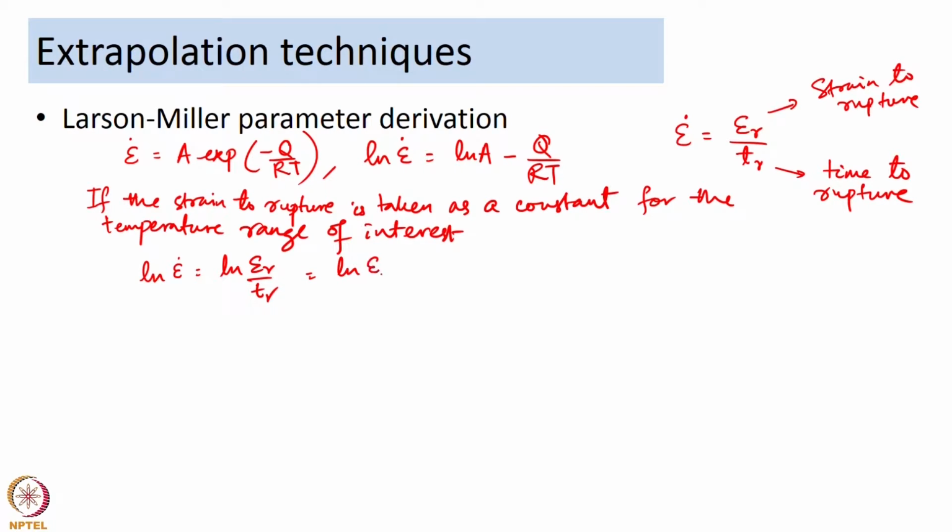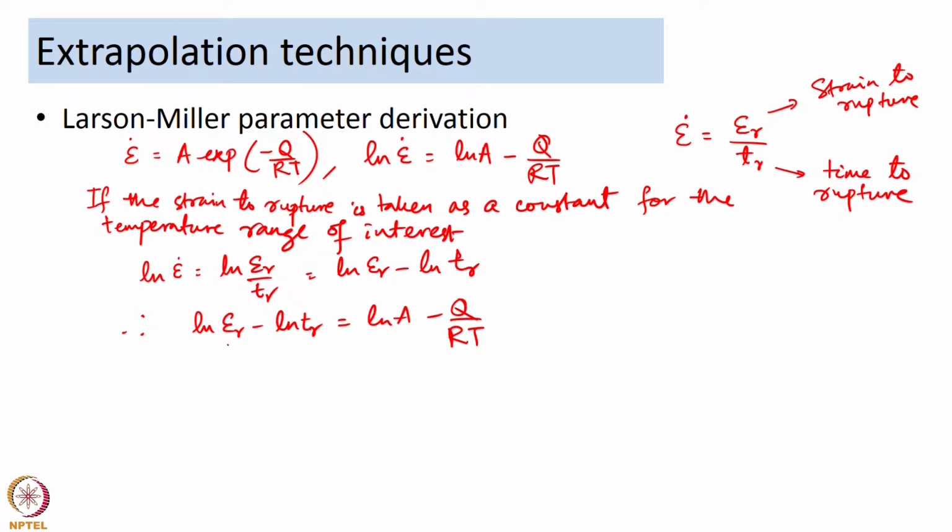That becomes ln epsilon r minus ln t r. Therefore, ln epsilon r minus ln t r is equal to ln A minus Q over RT.